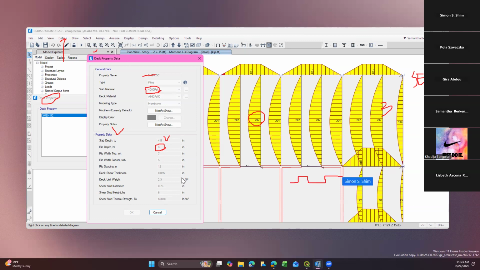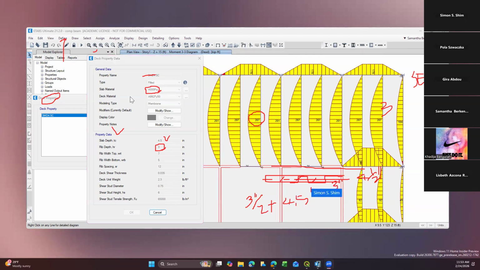3-inch metal deck and 4.5 inches concrete topping. So when you make this an equivalent flat slab, the depth of the concrete is 3 inches divided by 2 plus 4.5 inches. So this is what?